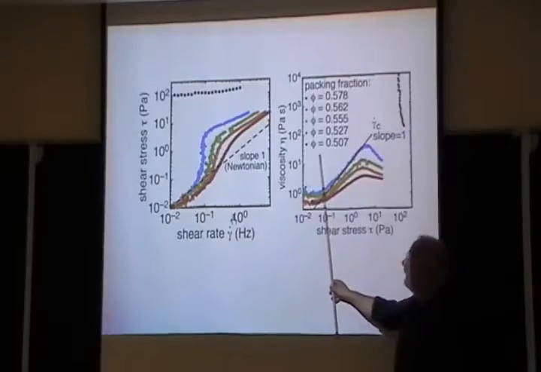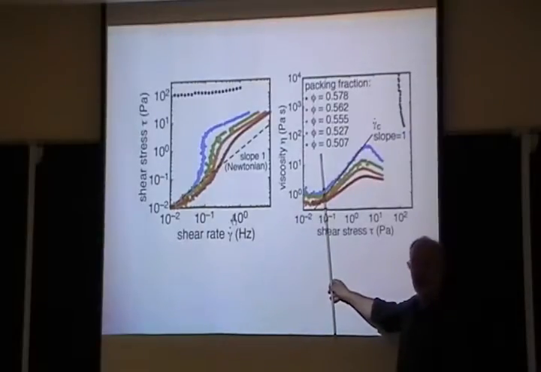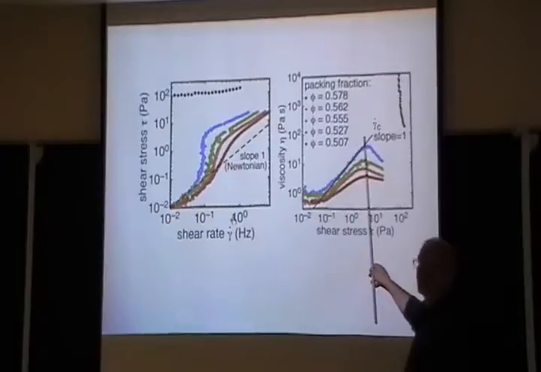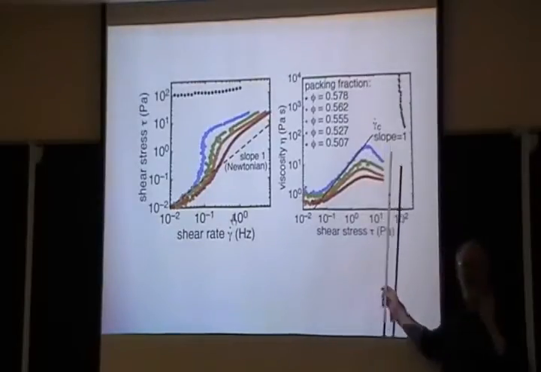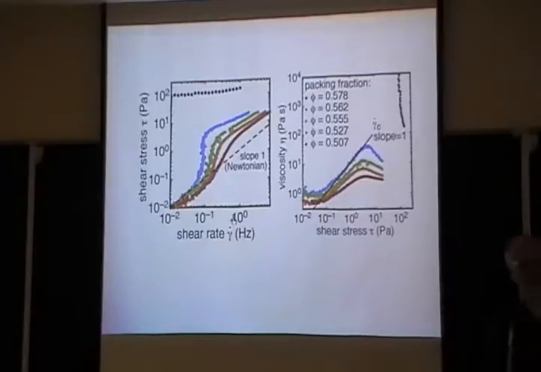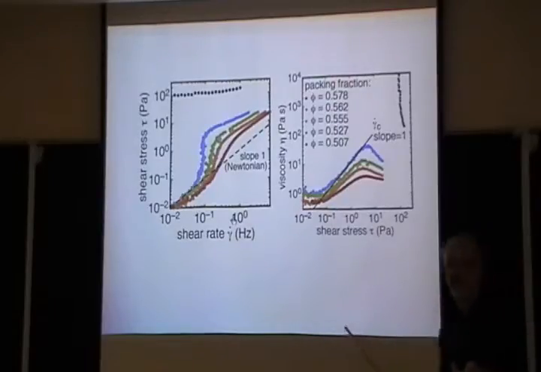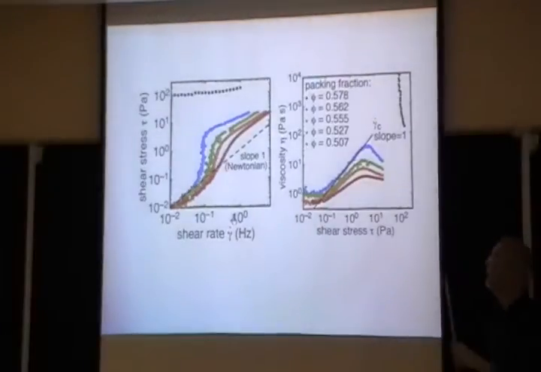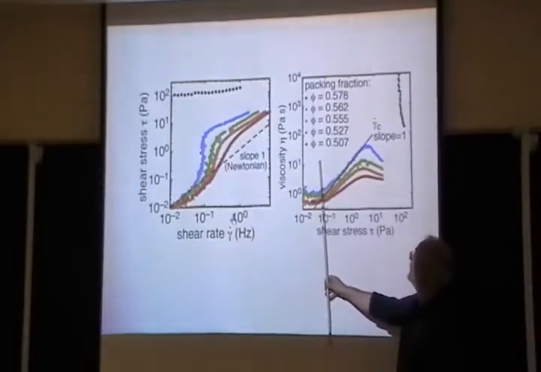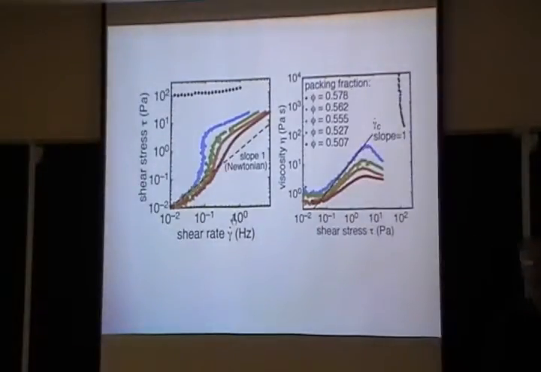There's some sort of onset stress that does not depend on the packing fraction, and there's some final stress which does not depend on the packing fraction. So that already gives an idea that maybe the way to track this riddle, where this all comes from, is not the shear rate, but stress scales. It has to do with stresses. Of course, stress is related to shear rate by viscosity, but this already tells you that one way to do that would be at least a total error, and that's how we got some mileage out of this, all right?